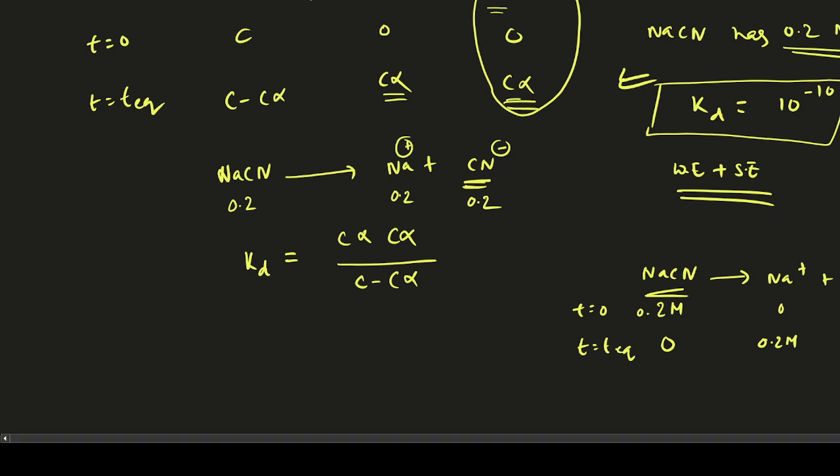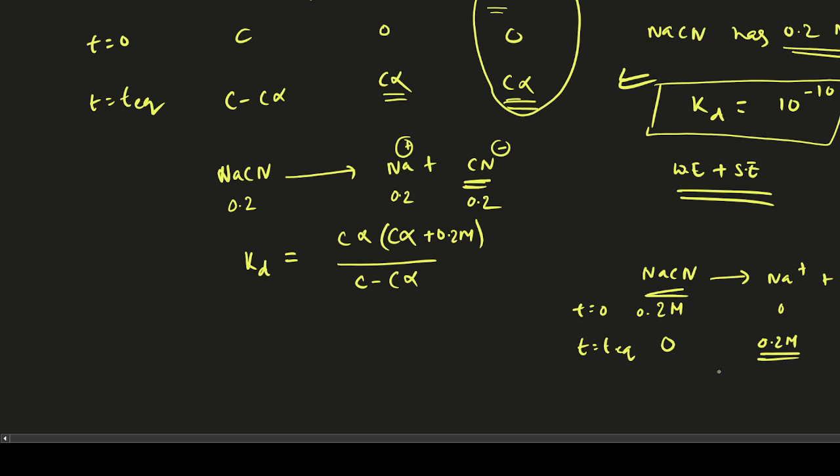So here 0.2 molar of CN minus is present, because CN minus is completely dissociated, and in the solution CN minus also is present, so we will write 0.2 molar also, because CN minus comes from the strong electrolyte.